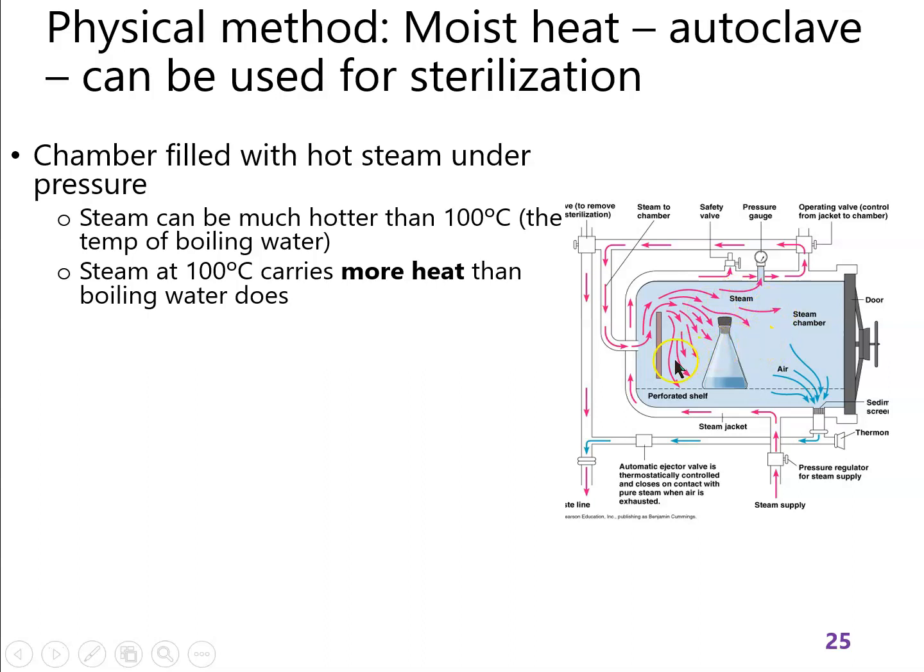And the other thing about it is, under that pressure you can achieve really high temperatures that carry a lot of heat. So moist air or steam holds a lot more heat than dry air does.